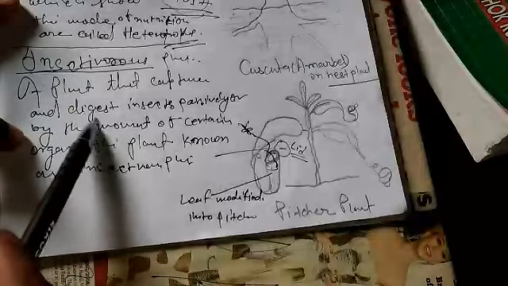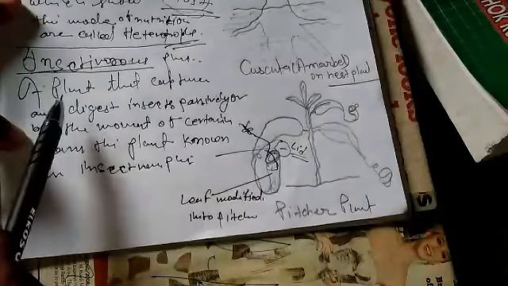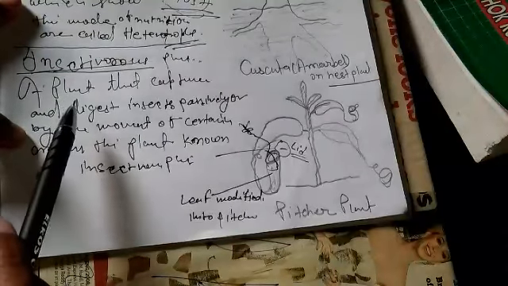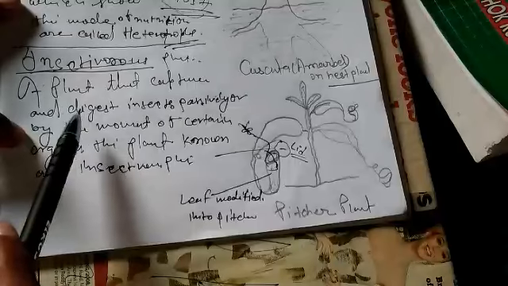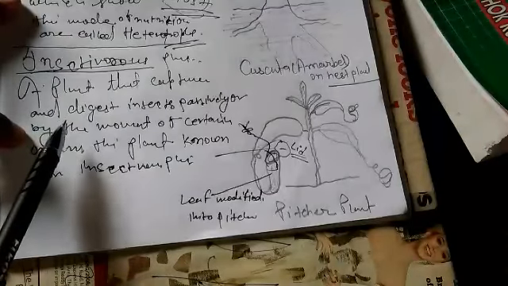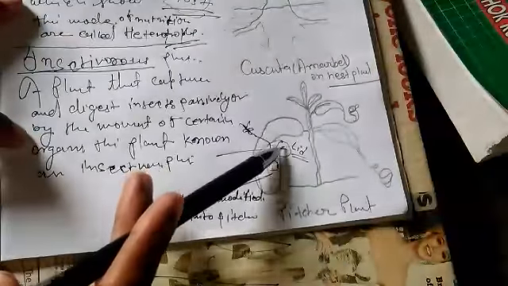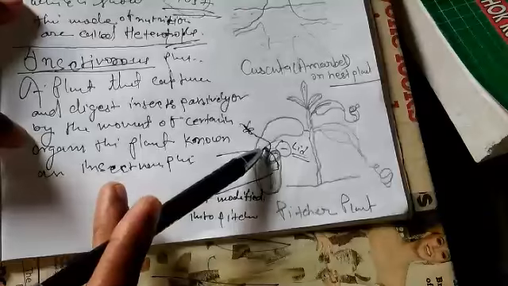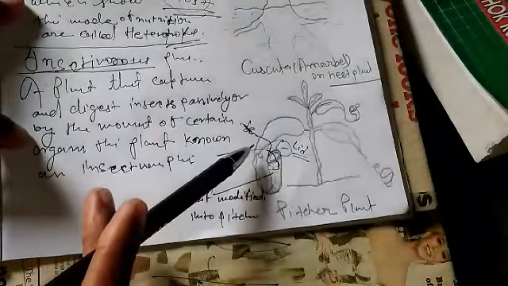A plant that captures and digests insects, either passively or by the movement of certain organs. This plant is known as an insectivorous plant. A plant that captures and digests insects either passively or by the movement of certain organs is known as an insectivorous plant.